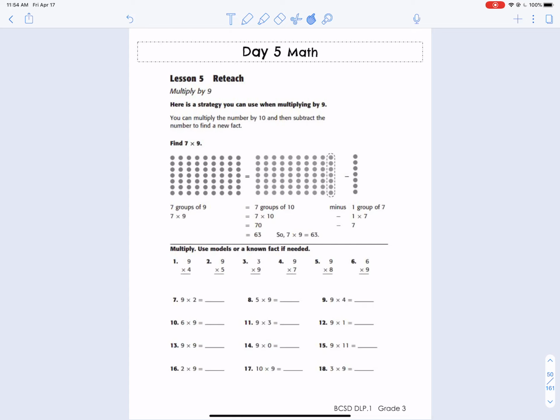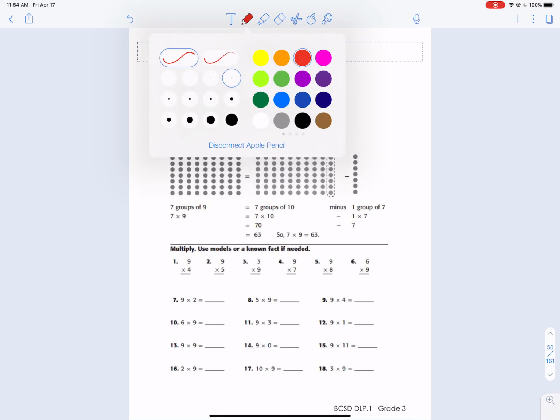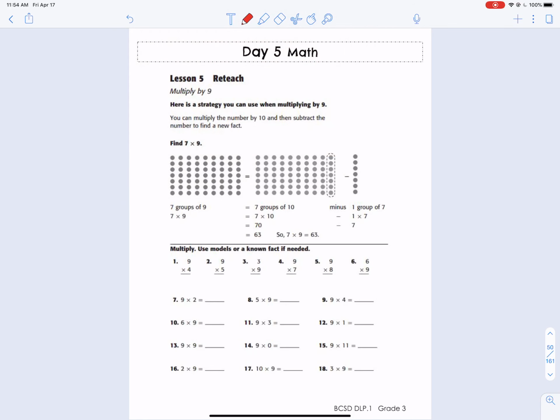Okay, so if we take a look at this example right here, the fact that they want to find is 7 times 9. So what they do is they do 7 times 10 instead, okay, which is depicted right here in this array. And we know the trick for multiplying by 10, you just put a 0 on whatever number you're multiplying by, okay?